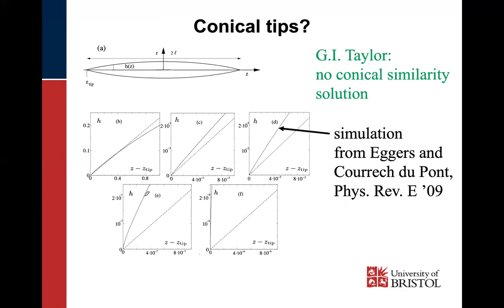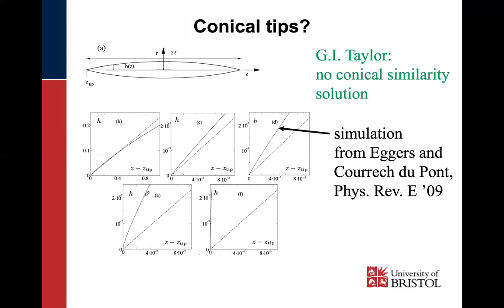So the main message is that the slope of the interface is resolution dependent. If you perform an experiment and zoom in with a microscope into the tip, you will see a different slope from what you would observe with a moderate magnification.